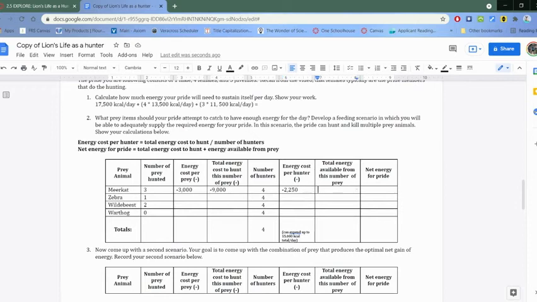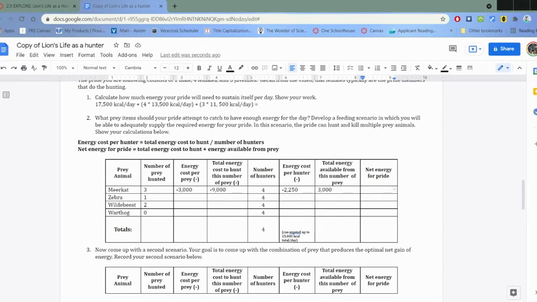Total energy available from this number of prey. Each meerkat gives us 1,000 calories. I had 3, so it's going to be 3,000 calories. And the net energy for that pride, if we had 4 of the lions hunting for those meerkats, is going to be 3,000 minus 2,250.